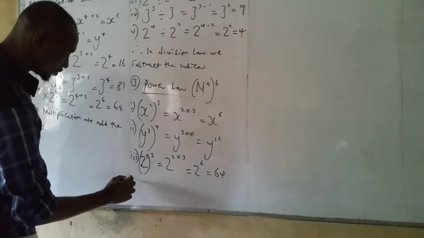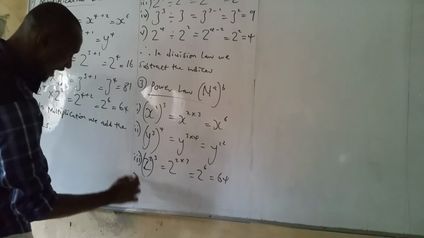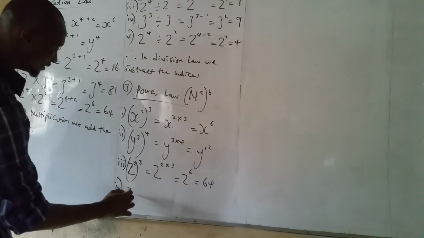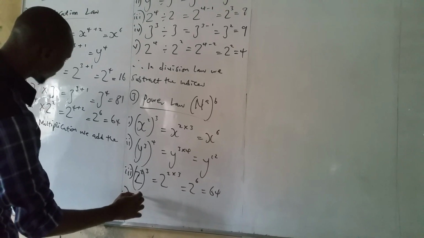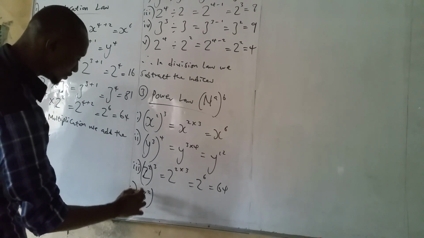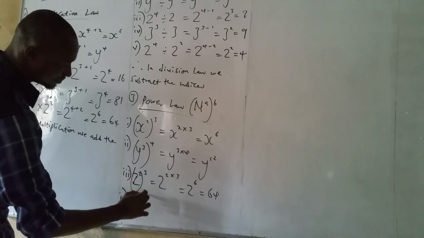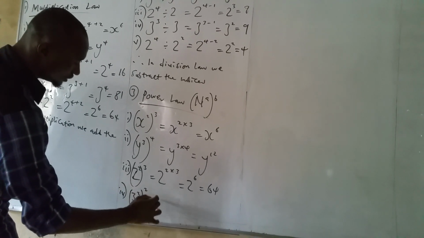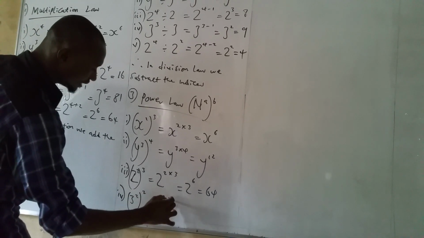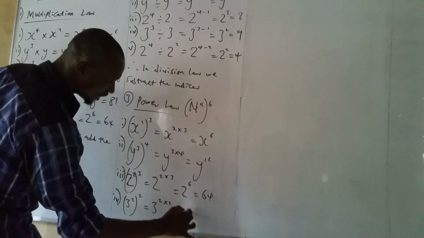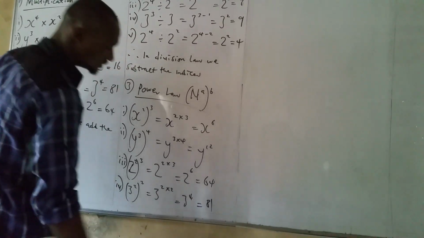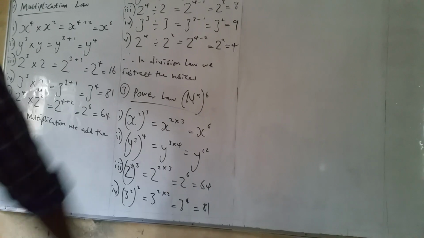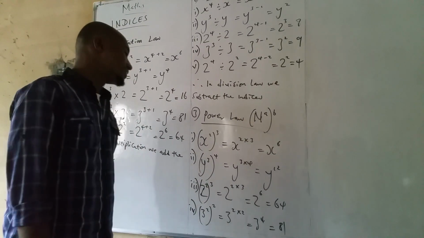Okay, let's read it over here. We have 3 raised to power what? 3 raised to power 2, after the bracket, all raised to power 2 again. This means 3 square times 2 equals to 3 raised to power 4, and this is equals to 81. Therefore, in power law, we multiply the what? The indices.